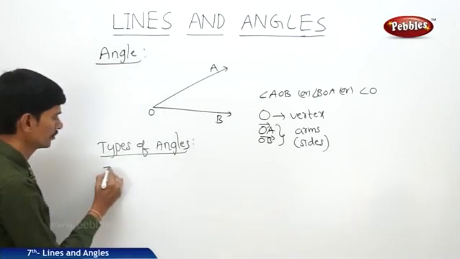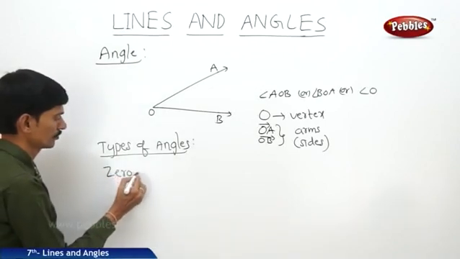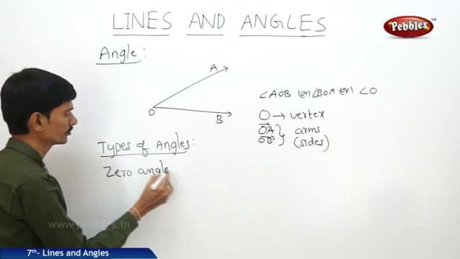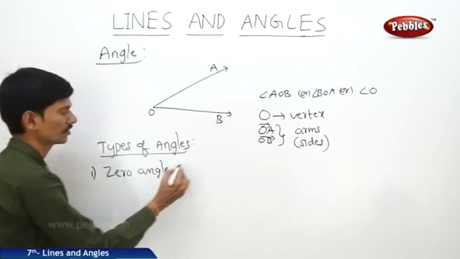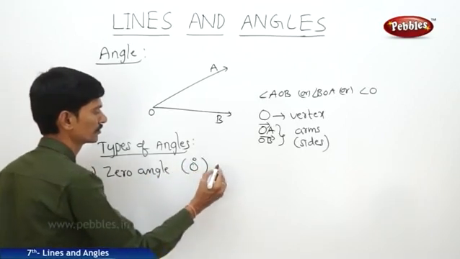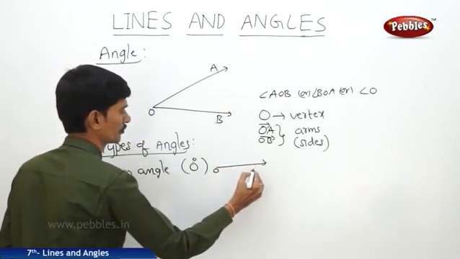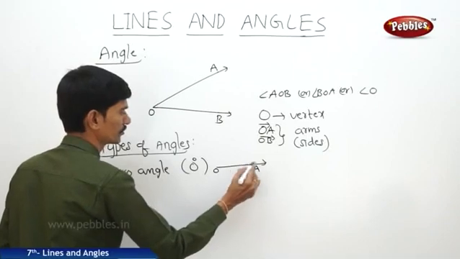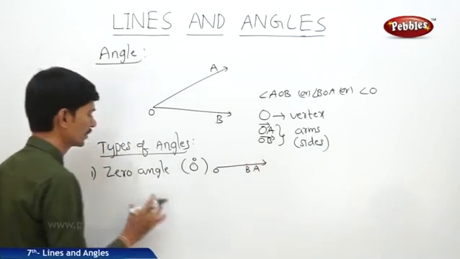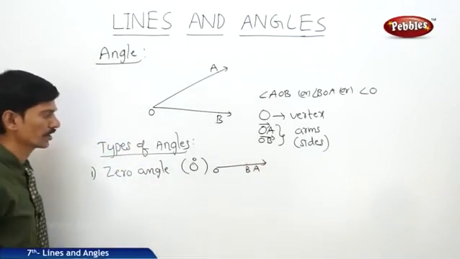First, zero angle. An angle whose measure is 0 degrees is called zero angle. So there is no angle formed.